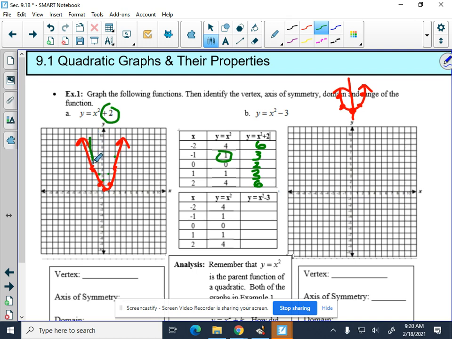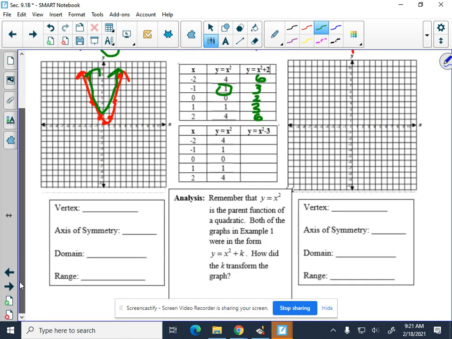Now when we graph this one, mine's in green, it's a little easier to see. All we see is my graph has been moved up how many for every point? 2. And that's what this 2 does. Our vertex, we talked about this yesterday, is the turning point. It's this particular point here.